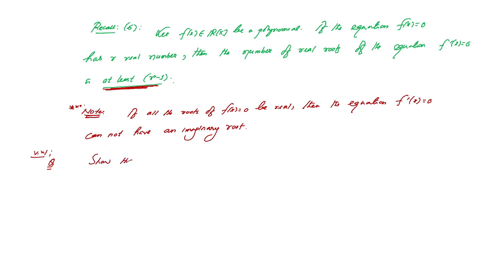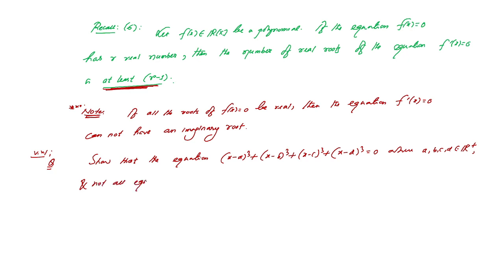Show that the equation (x minus a) whole cube plus (x minus b) whole cube plus (x minus c) whole cube plus (x minus d) whole cube equals 0, where a, b, c, d are all positive real numbers, not all equal, has only one real root.